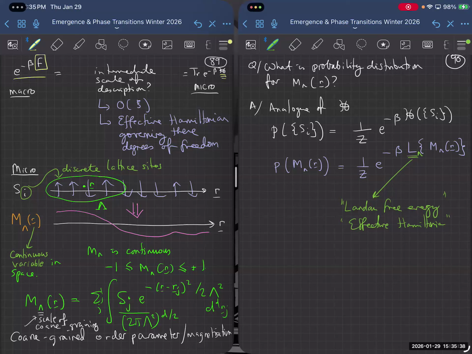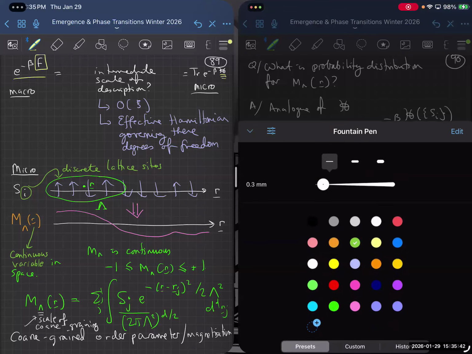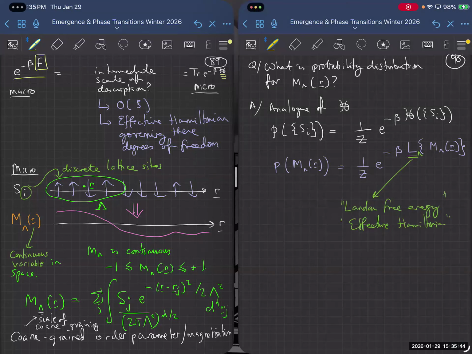All right. So then, why is this useful? Suppose we answer this question. Then I can say that e to the minus F over k_B T is equal to, well, we know over here it's the trace over the spins of e to the minus beta times the Hamiltonian of the spins.